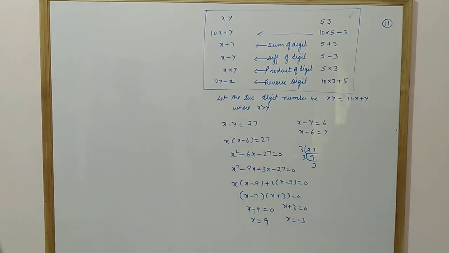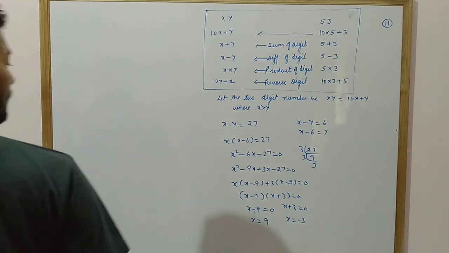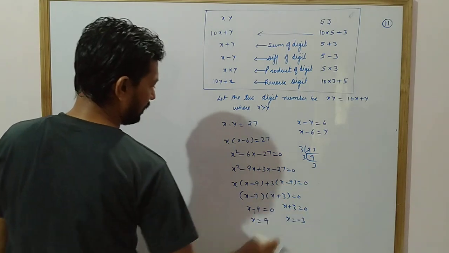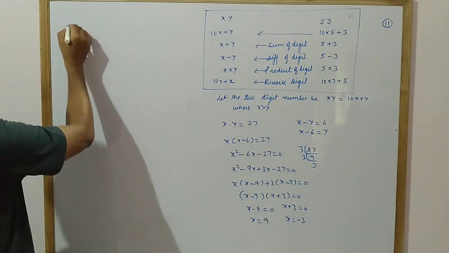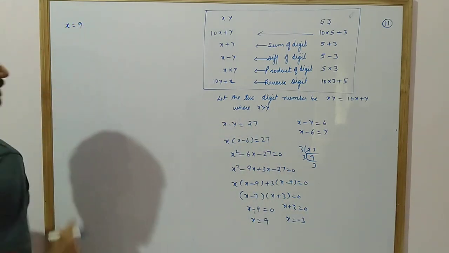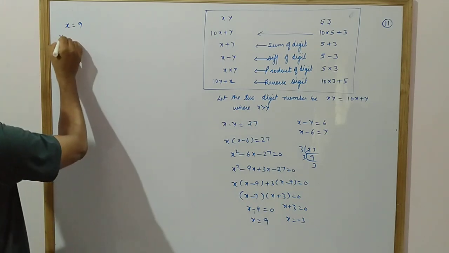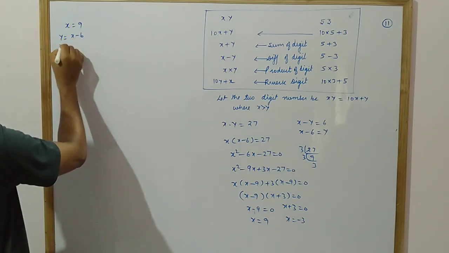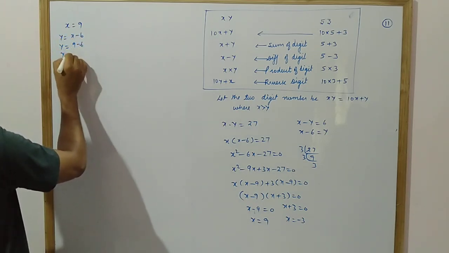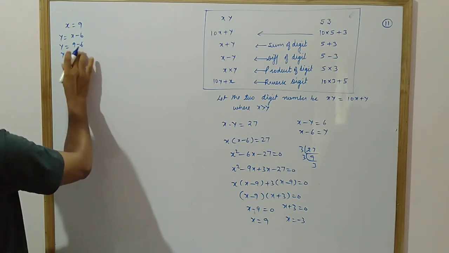So here I am getting x equal to 9, x equal to minus 3. If x equal to 9, y is what? y equal to x minus 6, or y equal to 9 minus 6, y equal to 3.